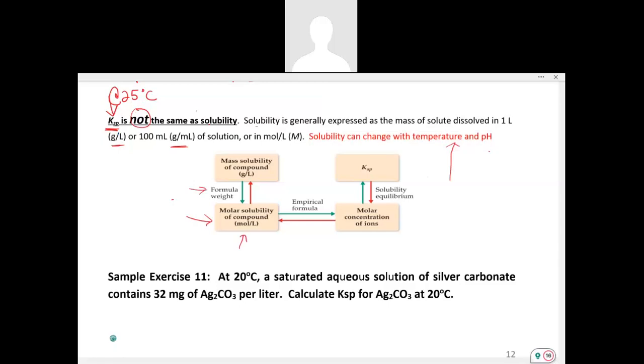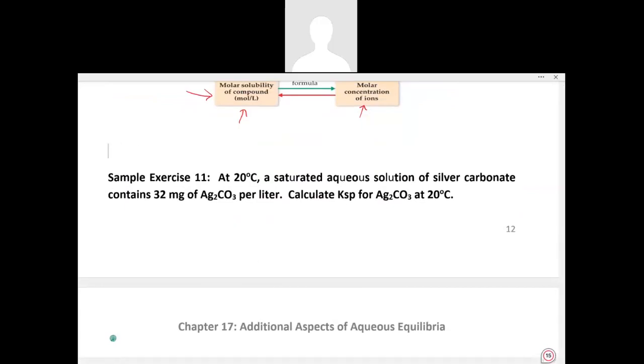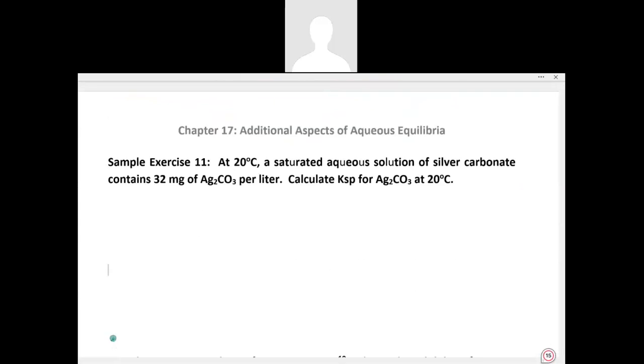If we have the molar solubility, we can find the molar concentration of ions, and then from there find our Ksp value or our Ksp expression. So let's take a look at the sample exercise below here, sample exercise 11, and we'll see an example of some of these conversions between Ksp and molar concentration.